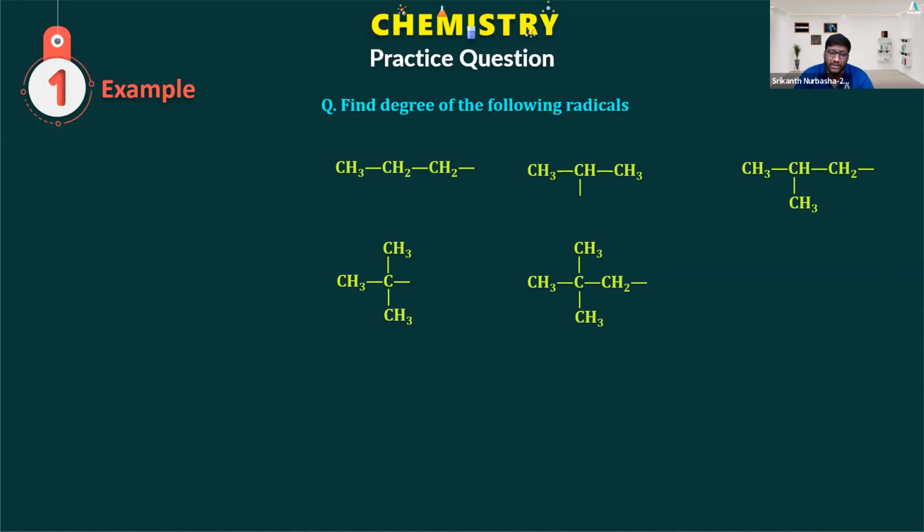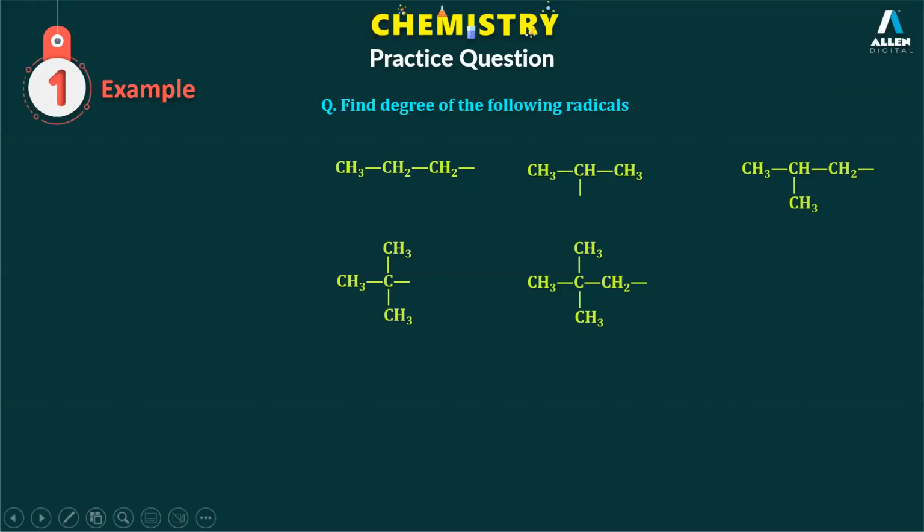Yes, what was the name, students? So what are the names of these particular radicals? CH3, CH2, CH2: n-propyl.